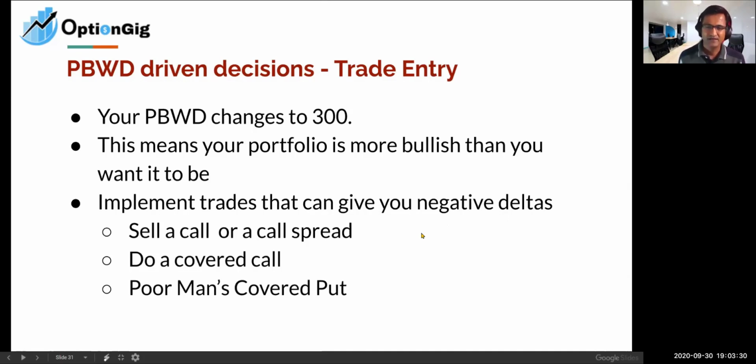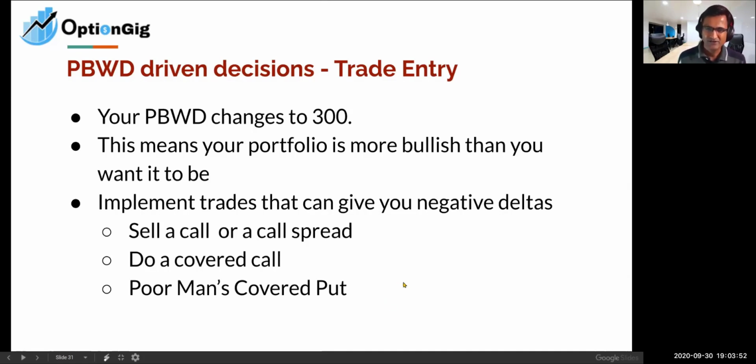Or if you're trying to add some new ticker, maybe look for a ticker on which you're not bullish, but you are bearish. Maybe pick up some energy ticker or energy ETF and sell a call spread over there, because that will give you negative delta.